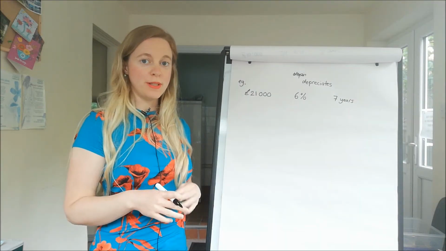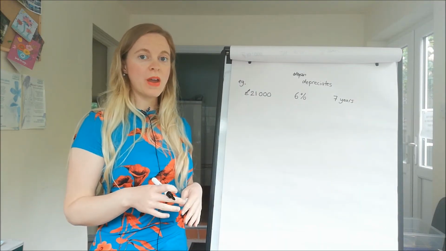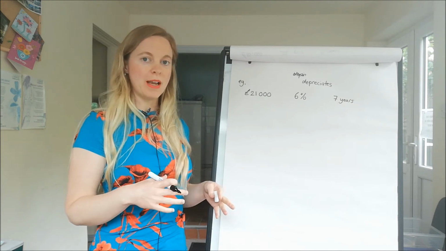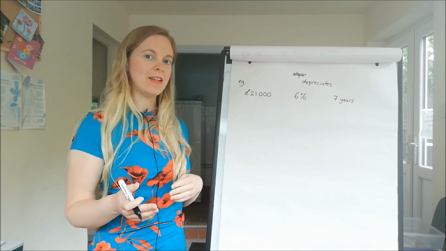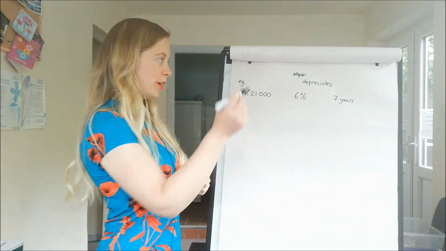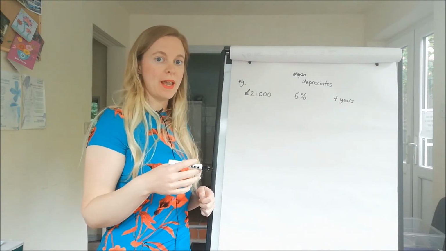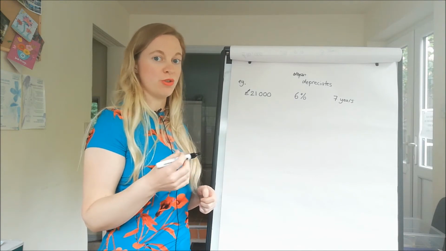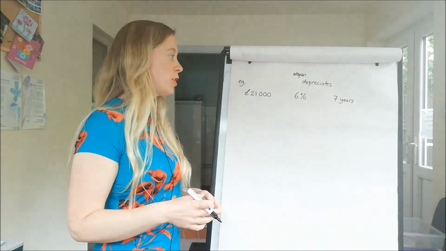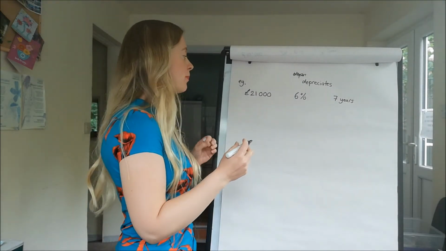Now this is done using the same formula as before, except the way we get our multiplier is using a takeaway instead of an add. So depreciates means goes down in value, and that's a word you might see on an exam. So it just means decreases, devalues, gets worse in some way.